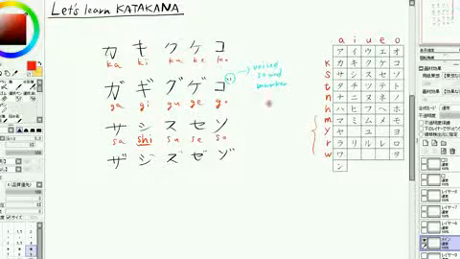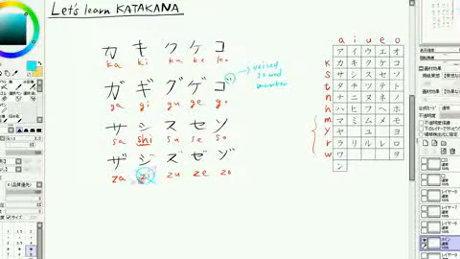So how do we pronounce them? First of all, this one is za. So this will be za, zu, ze, and zo. However, one of them is wrong. I'm sure you already know that, because this one was shi. So this should not be z.